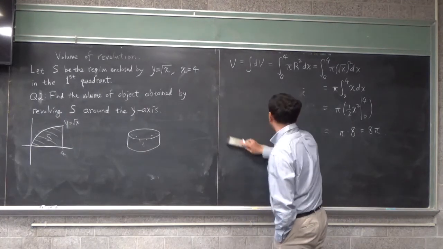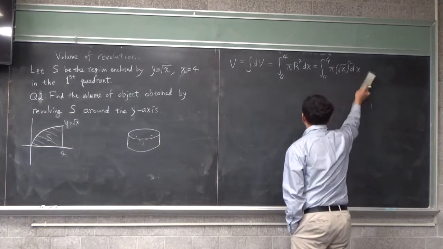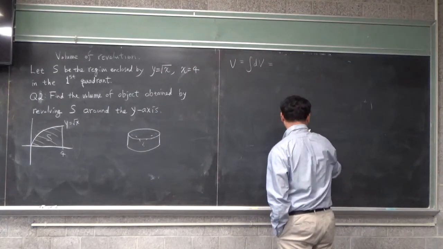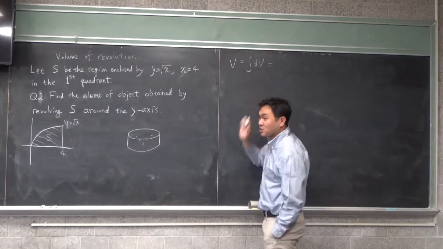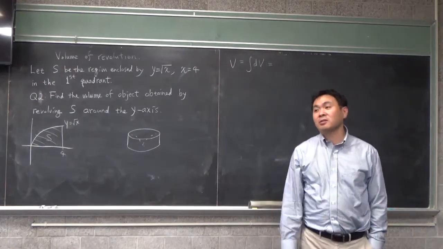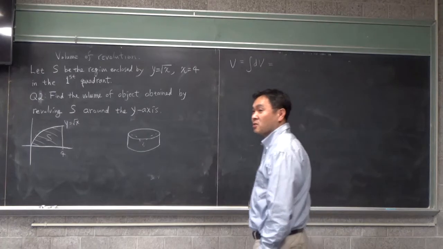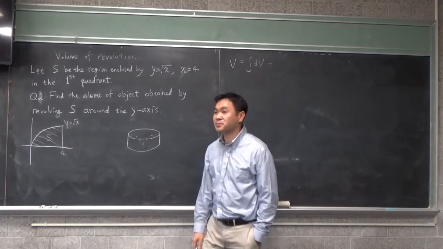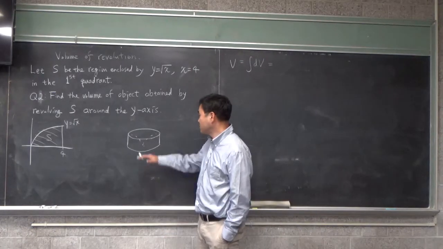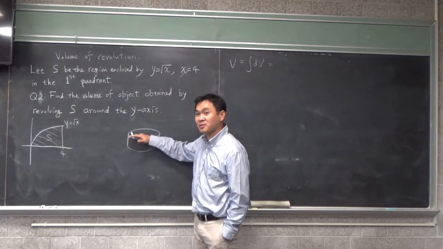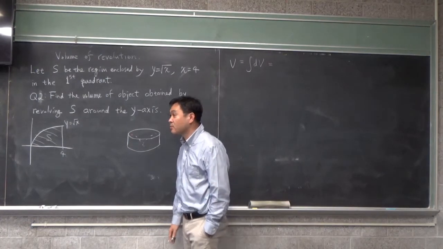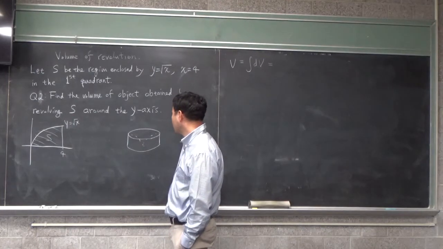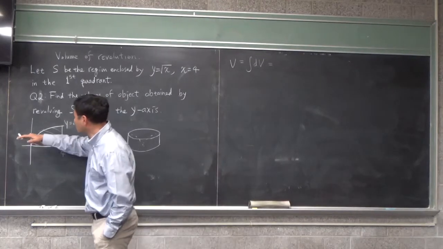We use the same argument. Every volume is the sum of its parts, so we use the same thing. Guess which way we should divide? Across the x-axis or y-axis? Perpendicular to the y-axis.